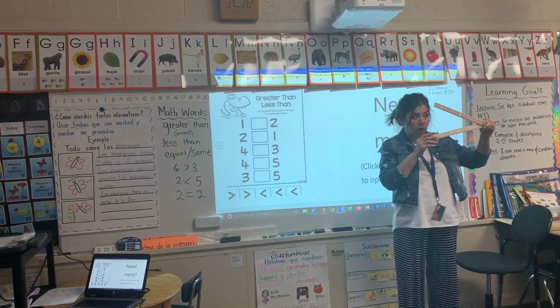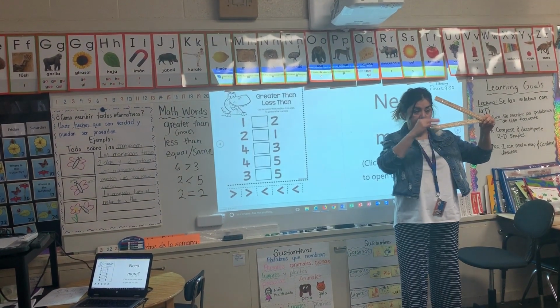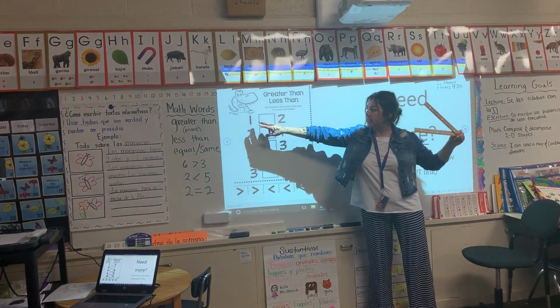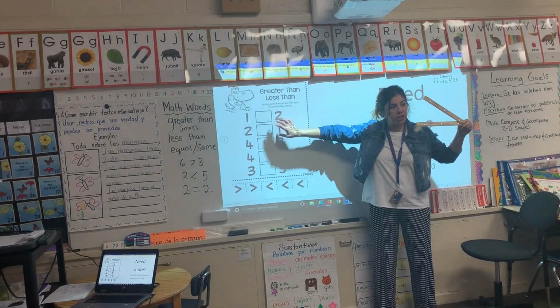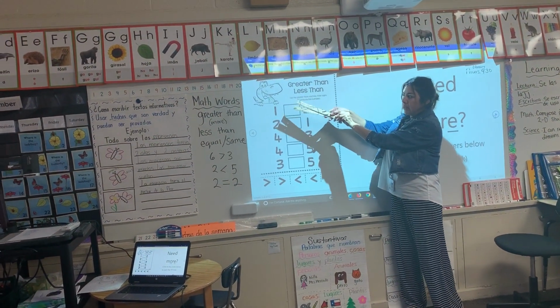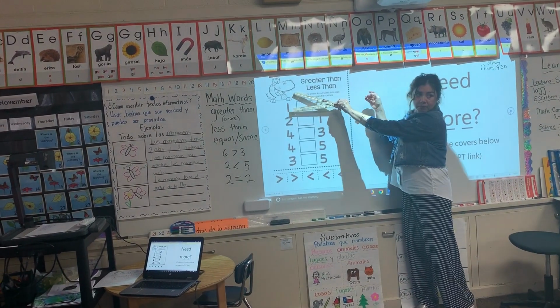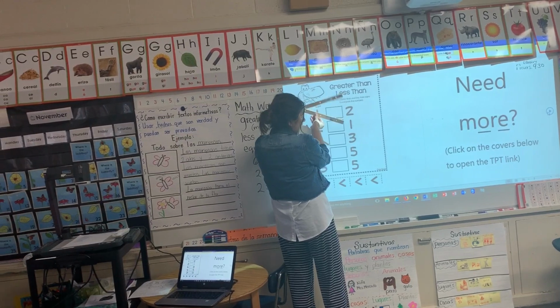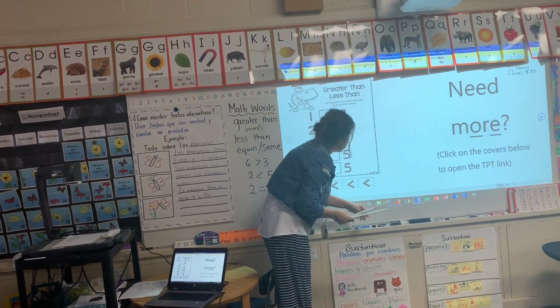So if we see the crocodile mouth open like this, where do you think the crocodile mouth should be facing? The 1 or the 2? The 2. So if I do it like this, am I correct? No. So if I do it like this, yay. Yes. Okay, so let's do it together.